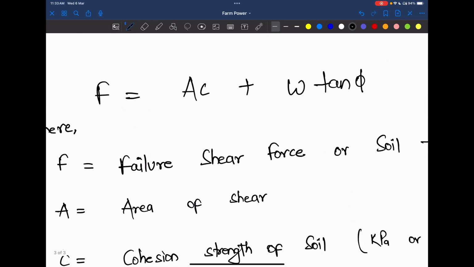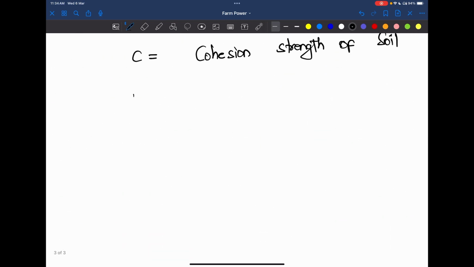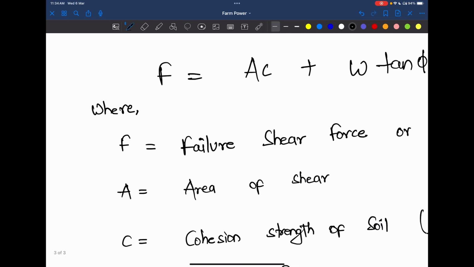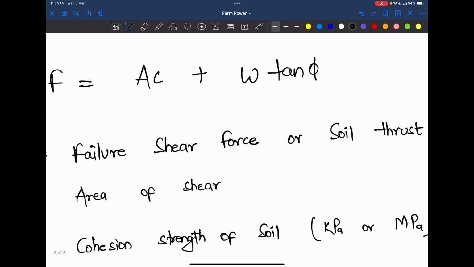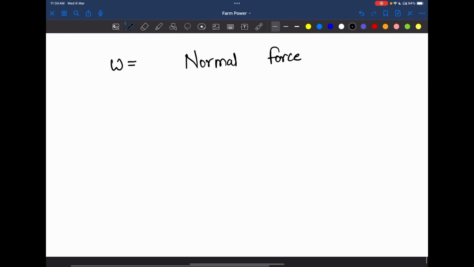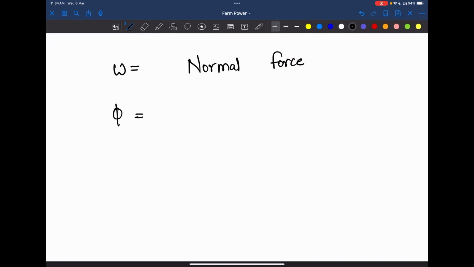W is the normal force. And the last one is phi. Phi is nothing but the angle of internal friction.